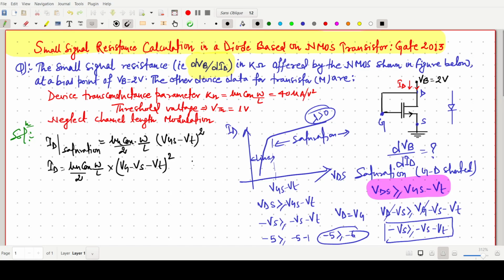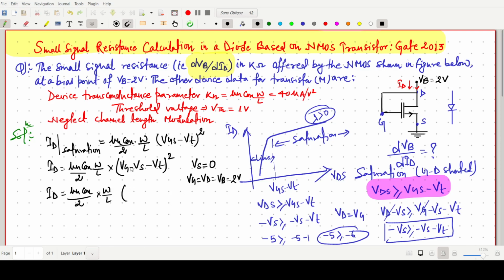In this question, our VS is simply grounded, so we can write 0, and VG equals VD, which is simply VB, so it should be 2 volt. So VS will be 0. Now I am not putting in all the values, I am just writing the equation first.